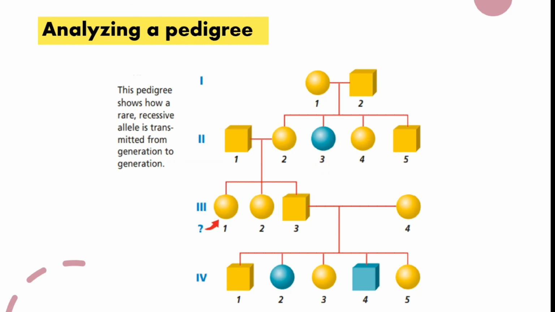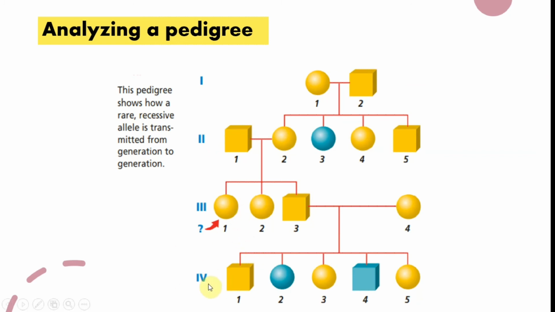Because none of the children in generation 3 are affected, and because the recessive allele is rare in the general population, it is reasonably safe to assume that generation 2, individual 1 is not a carrier. You know that generation 2, individual 2 must be a carrier like her parents because she has passed on the recessive allele to the subsequent generation.